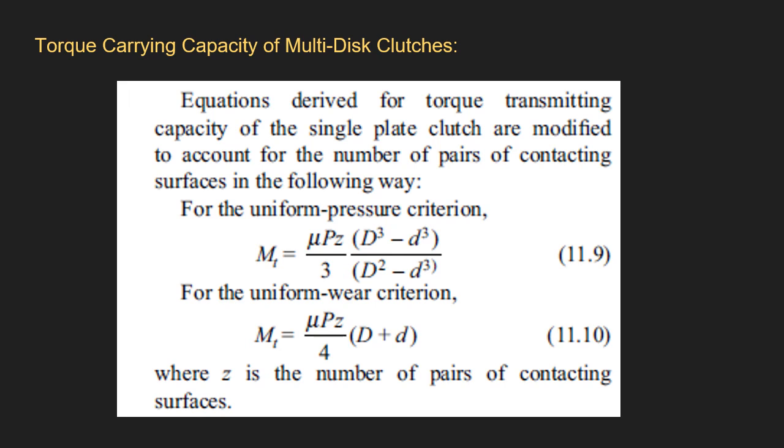In the torque formula for both uniform pressure and uniform wear criterion, there is an additional factor Z. You will have to multiply both formulas with Z, where Z is the number of pairs of contacting surfaces. For a single plate clutch, it was essentially one. But now, since there are multiple pairs of contacting surfaces, you will have to multiply by the letter Z.